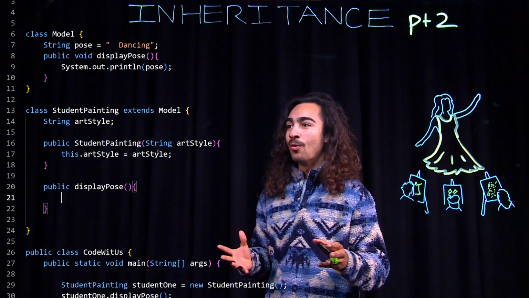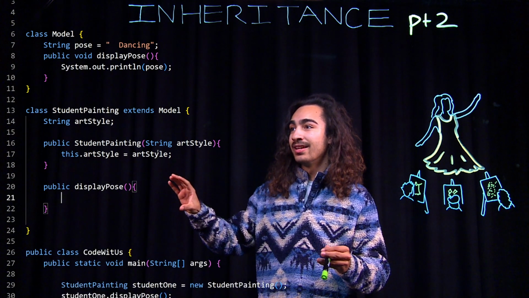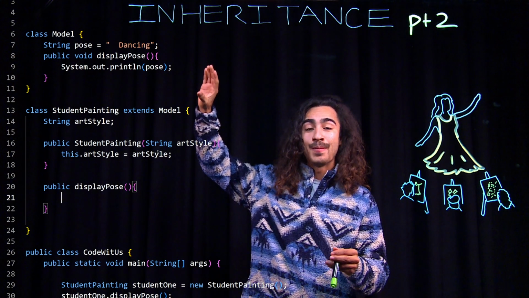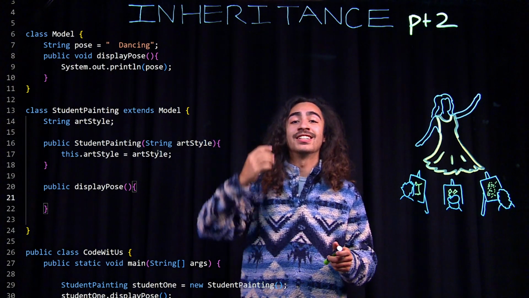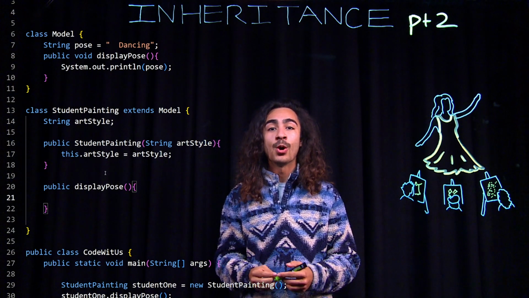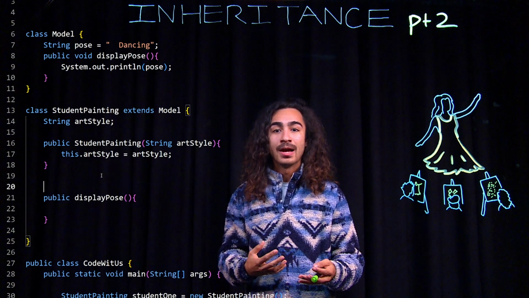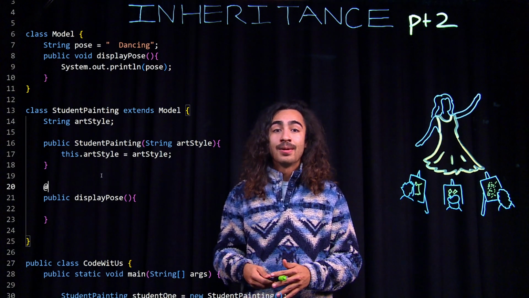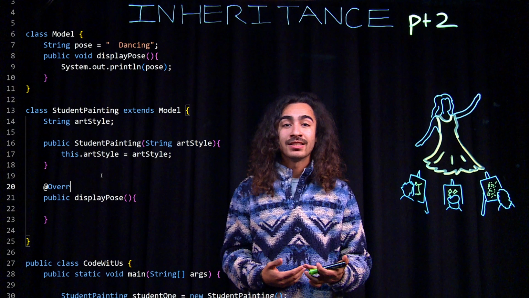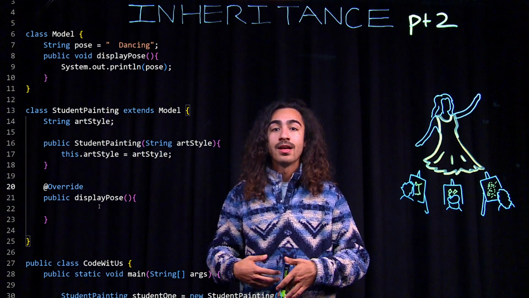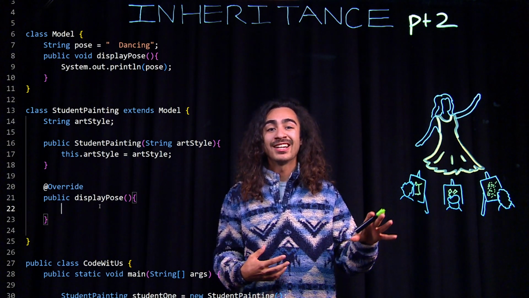So you might be wondering why I chose to name this method the same as the parent class method, and that's because I want to do something interesting, which is overriding a method from our parent class. Because a lot of the times when you're doing inheritance, you don't want to just have the methods from the parent class.